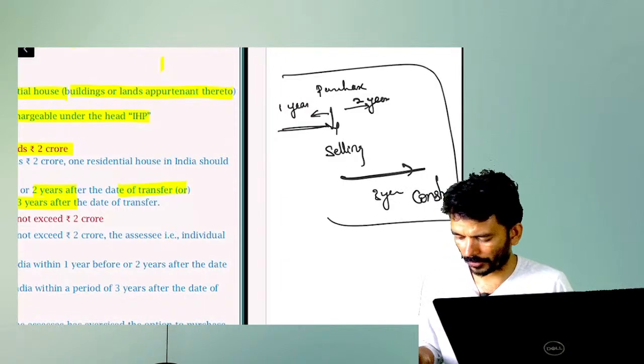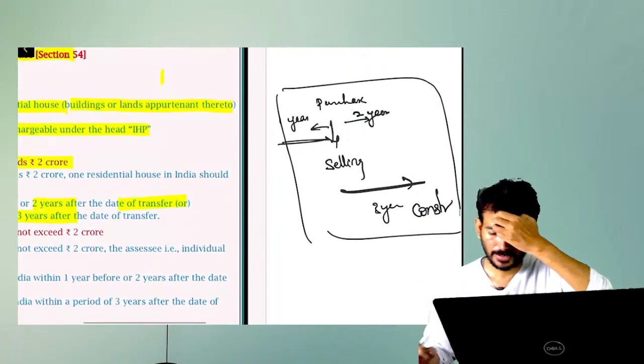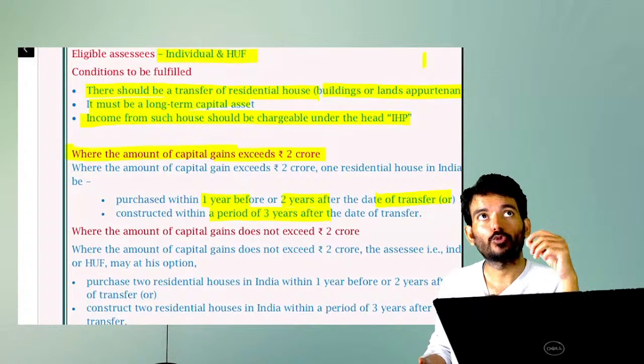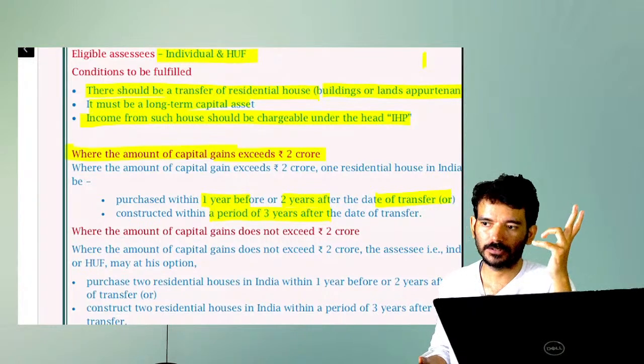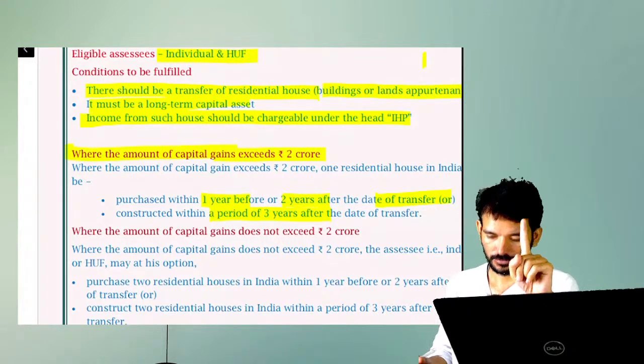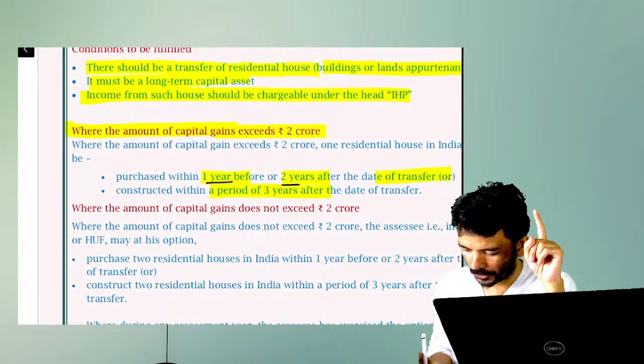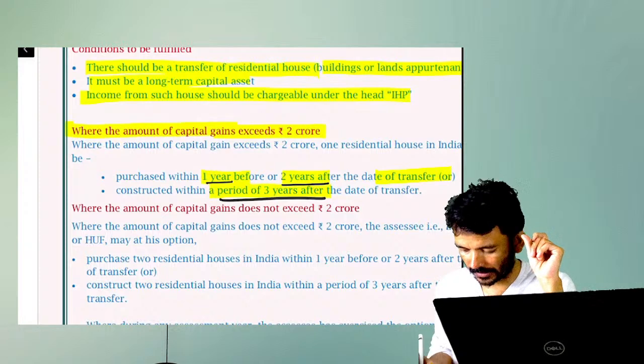You always remember these conditions. This is the same for every provision, so I'm not going to repeat that. Meaning, if my capital gain is so much that it is more than 2 crores, you buy only one house. Purchase within 1 year before or 2 years after, or construct within 3 years.